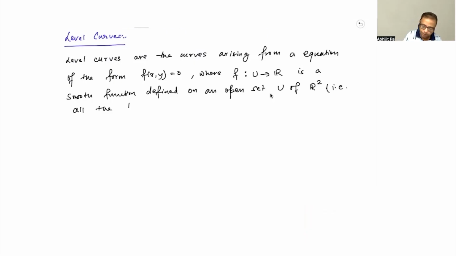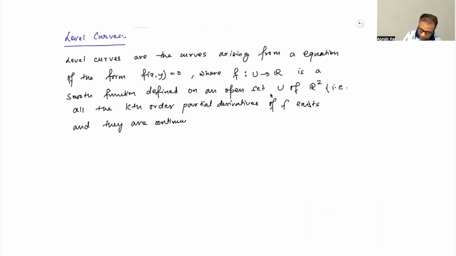All the kth order partial derivatives of f exist, and they are continuous, for all k greater than or equal to 1.